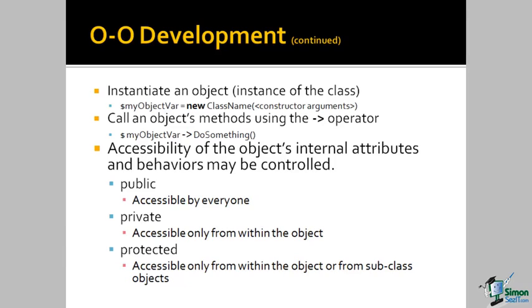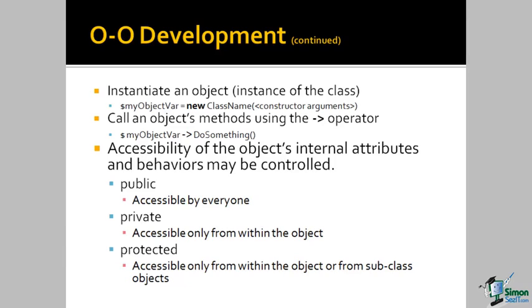In the example here, we have an object that has a function within it called do something. Now we've created the object with the new keyword, and the handle to that object is stored in myObjectVar. So using that handle, myObjectVar, and this new operator, I say call this behavior do something.